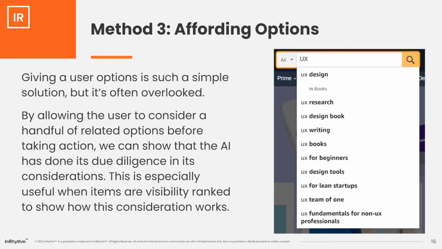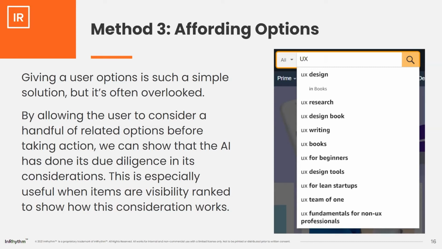And so what we're doing here by affording options is, again, not only reinforcing the concept that the AI really knows what it's talking about, it's doing its due diligence, it's got all these possible matches, but it's also, to a certain extent, making it easier from a usability standpoint.